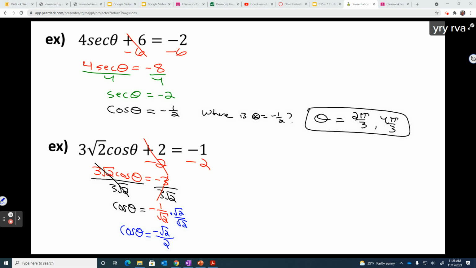So it is possible that you might need to change it a little bit so it fits to something that's on the unit circle. So then the question we ask is basically, where is the x, because that's cosine, where is the x in negative radical 2 over 2? So let's think about a unit circle. Now this is going to be one of the pi over 4s, right? So either here, here, here, here, because that's where radical 2's are. And where is the x negative?